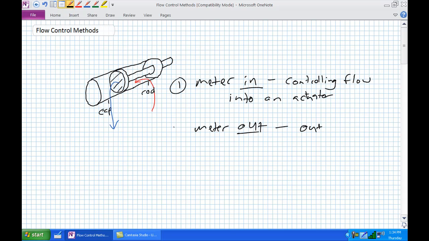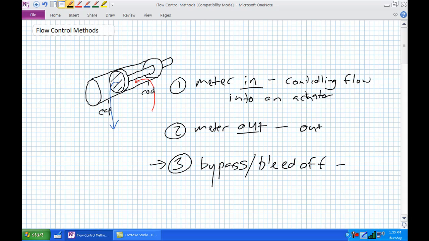And there's a third method, which you may or may not see, called bypass, sometimes also called bleed off. I'll hit this one later on. This is kind of a different way of doing that. So remind me, I'm gonna hit this one later.